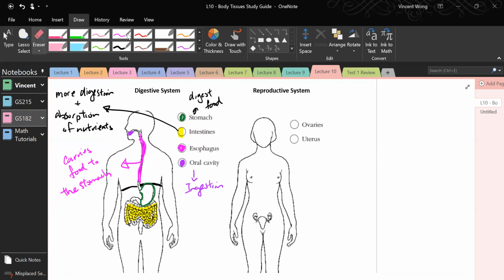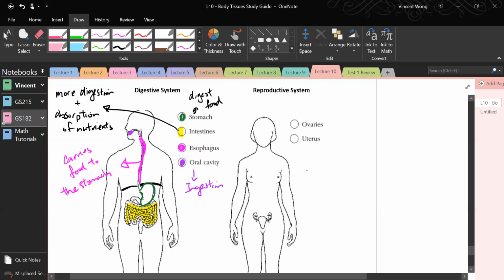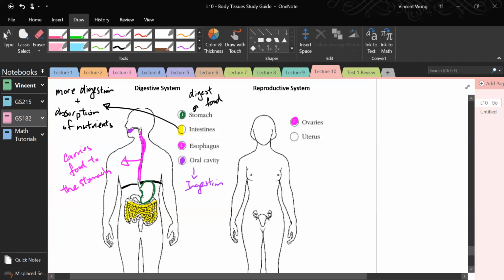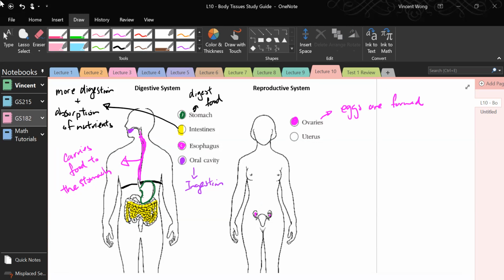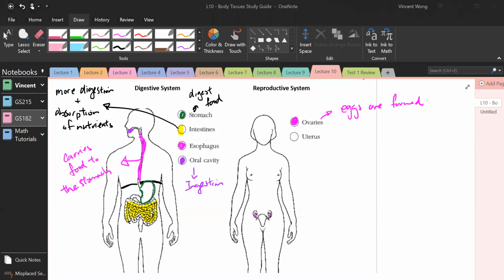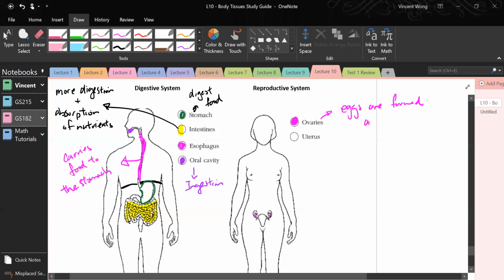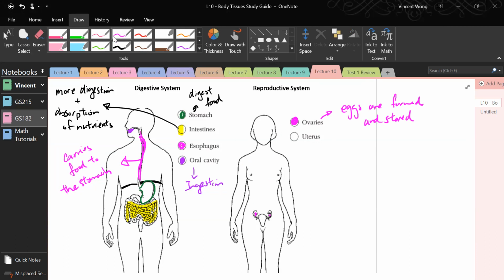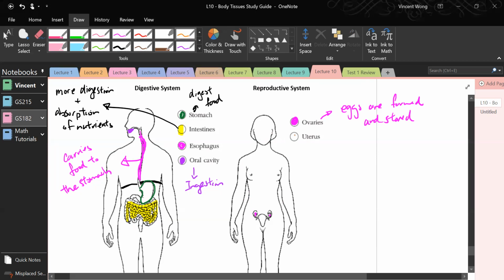Okay, reproductive system. There's only the female here, but that's okay. Ovaries are right here. That's where eggs are formed and stored, and then the eggs will be released each month after puberty.